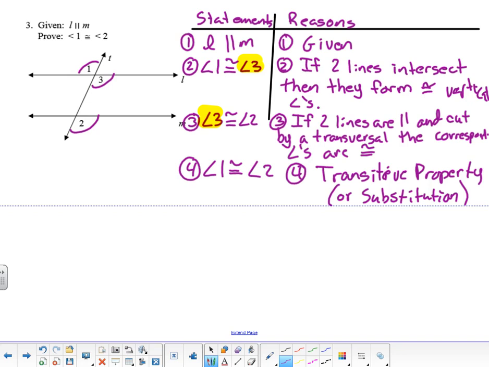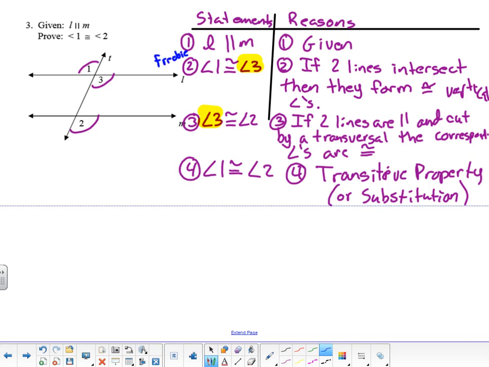We could have said angle 1 is congruent to angle 2 because if 2 lines intersect, then they form congruent alternate exterior angles. Yes, you could have done it that way, but here's another pathway to get there. And so especially sometimes when we have these fill in the blanks, we want to look at some of the different pathways that we have. So again, this here, number 2, this is what we call a freebie. Okay, you get that just from the diagram.